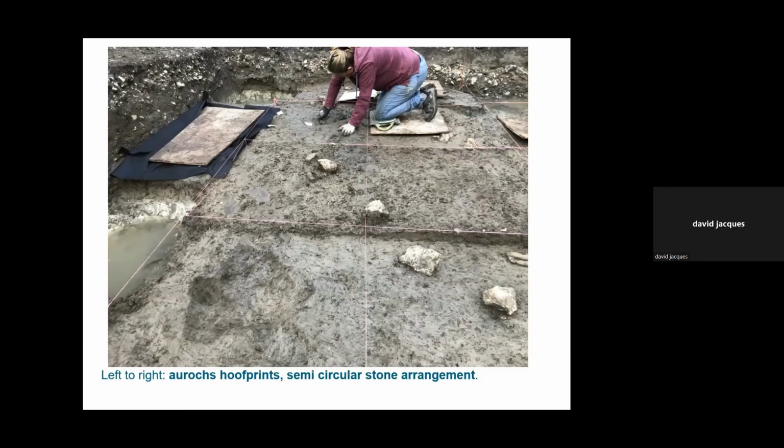Amazing that this was so well preserved. And then you'll see to the right, there seems to be some sort of semicircular arrangement of stones. We're wondering if these may have been attached to some sort of fishing net, but they've lain in situ, in place, for thousands of years.